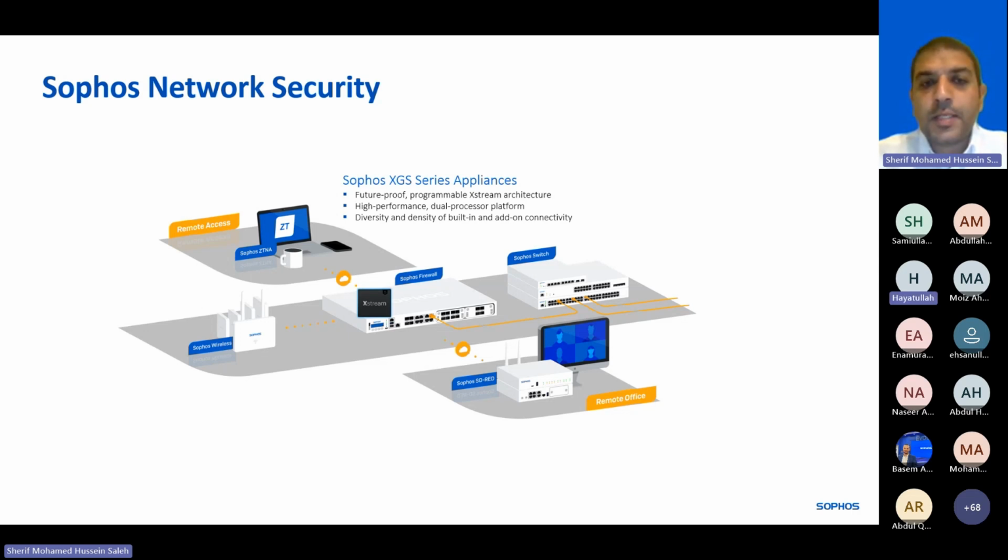Any customer who purchases the XGS will be able to utilize the new innovations coming on the roadmap of Sophos firewalls. It will not require you to change the hardware. All you need is to apply the new firmware, and you will be able to utilize the new features, as all of the components are reprogrammable.